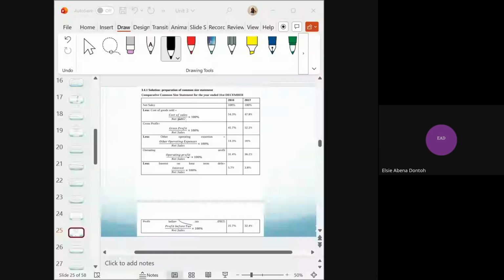Okay. So gross profit, has it increased or decreased? Bumper. Please, who is speaking? You are many, so I wouldn't know who is speaking. Okay, is it an increase or a decrease?